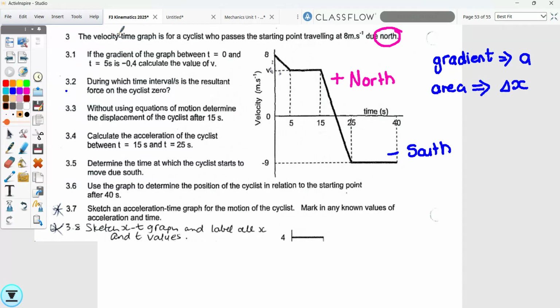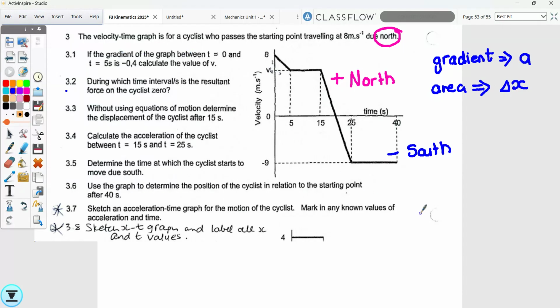Now we're going to say, if the gradient of the graph between t equals 0 and t equals 5 is minus 0,4, calculate the value of v. So they've changed it around a bit, but don't get confused by it. Just trust your training, guys, always. Because they're telling you what the gradient is.